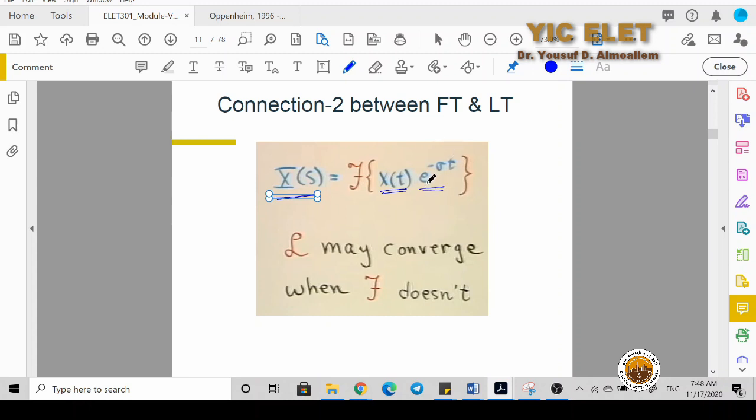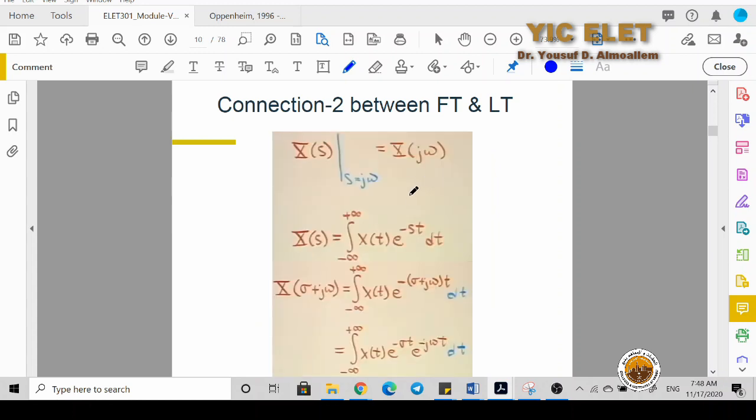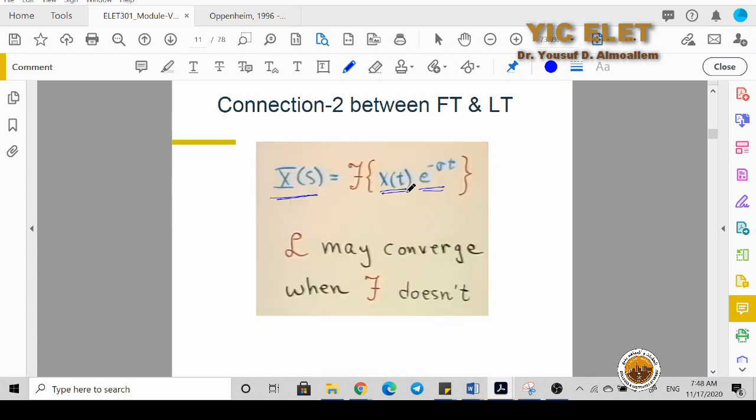This is purely real, right? So if we follow this derivation, you will find that the Laplace transform will be equal to the Fourier transform of the signal times this real part. So if we get some signal of t, and if we multiply it by this factor, which is e raised to power minus sigma t, then if we take the Fourier transform of both of them, then we will get to the Laplace transform.